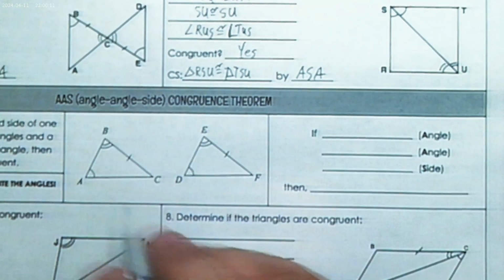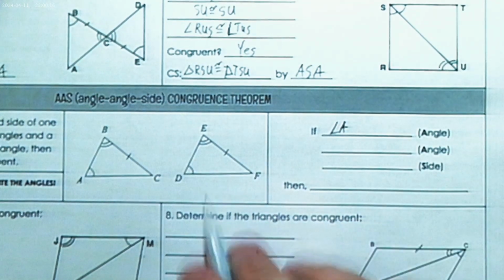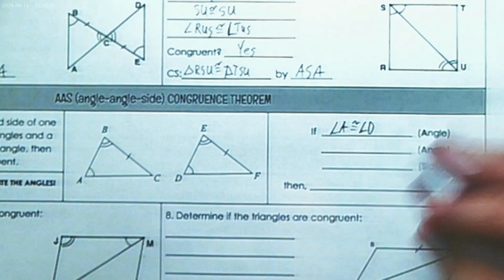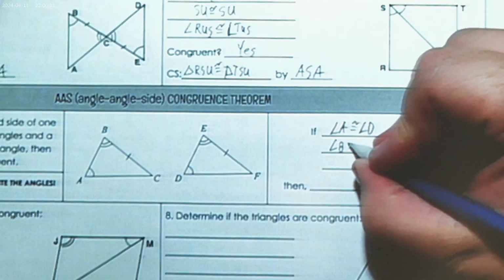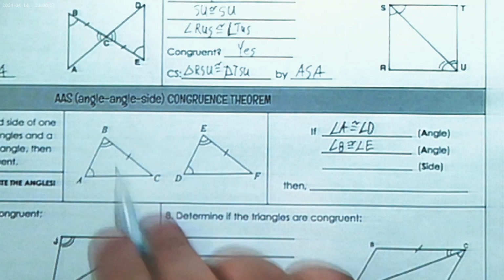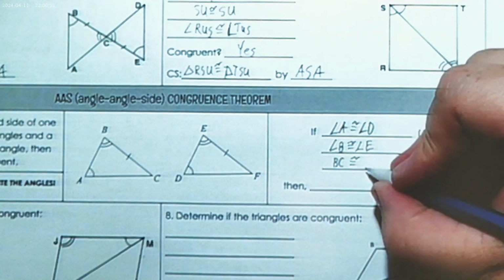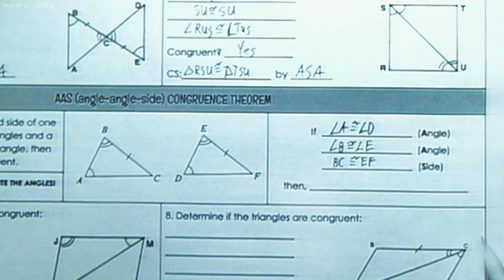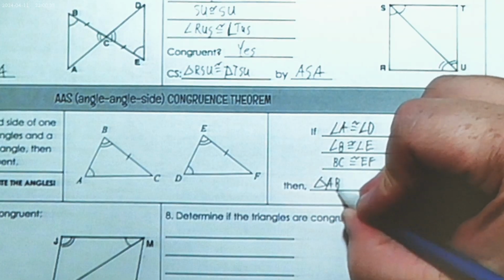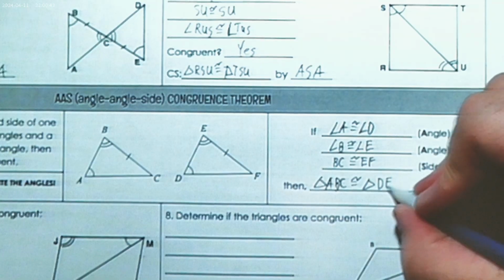So if angle A is congruent to angle D, if angle B is congruent to angle E, and if BC is congruent to EF, then triangle ABC is once again congruent to triangle DEF.